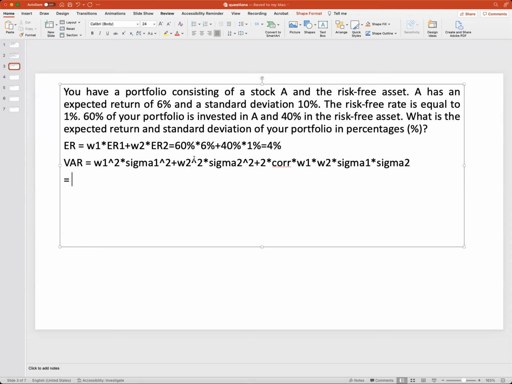Now, asset 1 is a risky asset. Asset 2 is a risk-free asset, so it has no volatility.